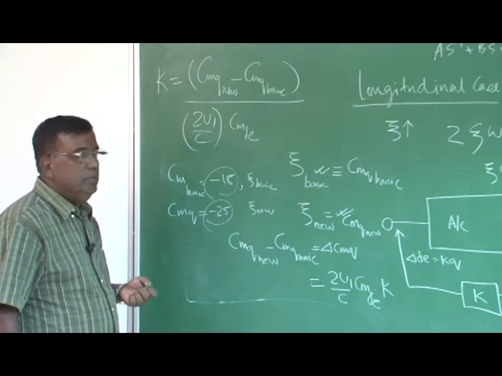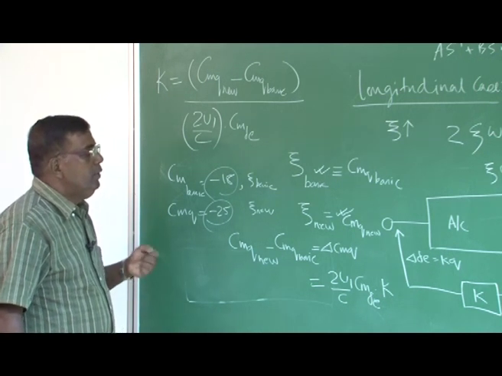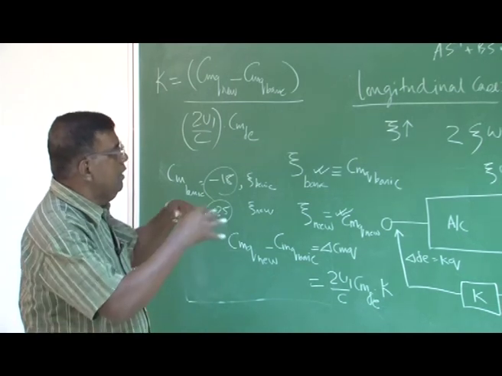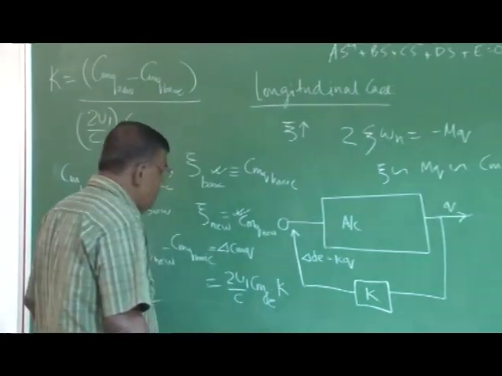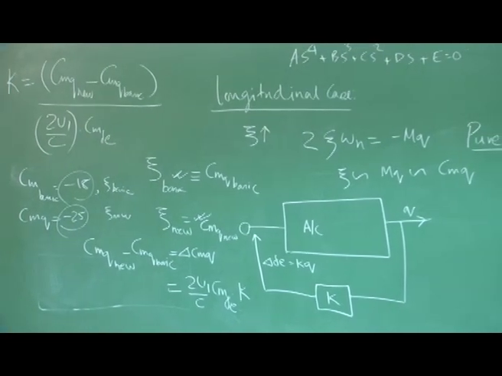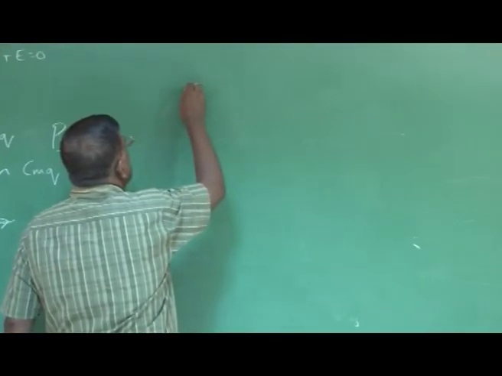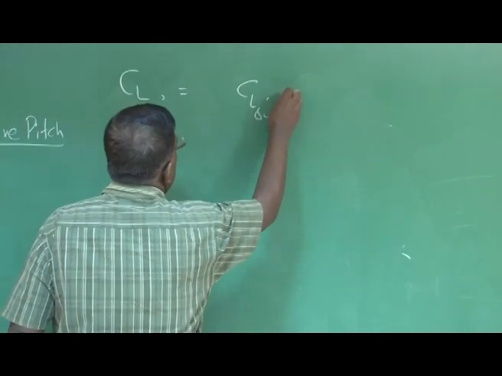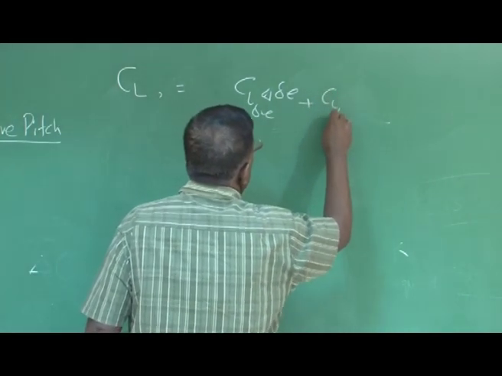And what sort of roots or pair you want, what exactly you want those roots to be, so that you get the correct value of zeta and omega n all together, right? So you have to work collectively with everything together. But at the same time, as I am giving feedback on Q using a gyro, you must also understand that CL also has a component CL delta E into delta E, like it has CL alpha into alpha.